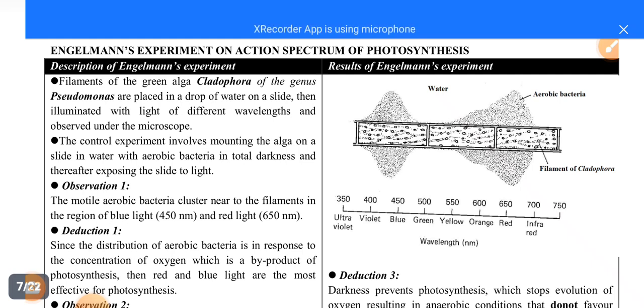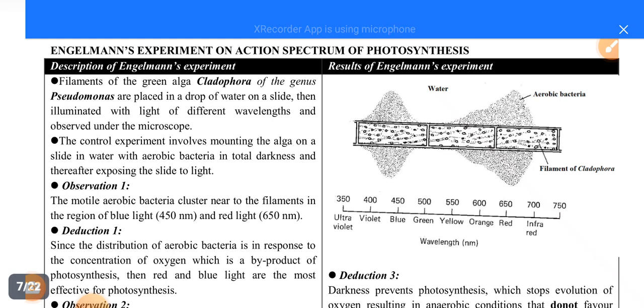There you can look at the results of the Engelmann's experiment. They have mounted some algae on the slide. I'm seeing water there. We have aerobic bacteria. We have the filament of the Cladophora. Down there you have ultraviolet, which is 350, violet, blue, green, yellow, orange, red, and infrared.